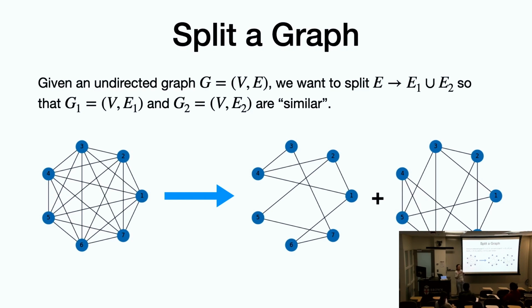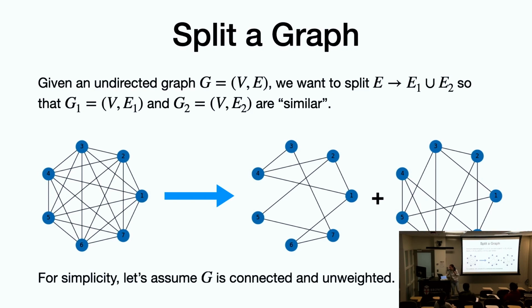I will explain what I mean by similar shortly. For simplicity, let's assume that graph G is connected. If it is not connected, then I can work on each connected component separately. Also, today, let's assume graph G is unweighted. We could ask the same question for a weighted graph.